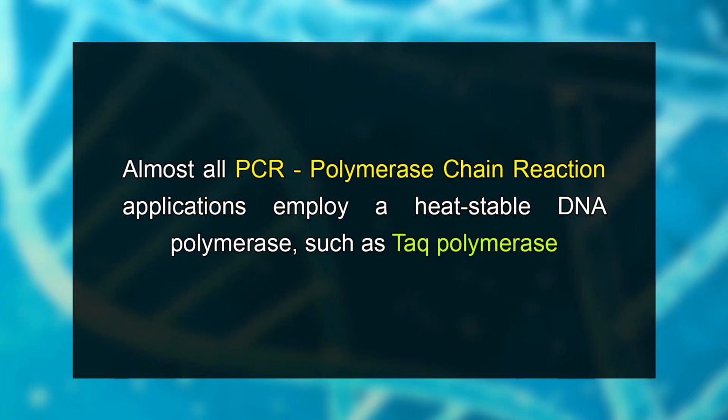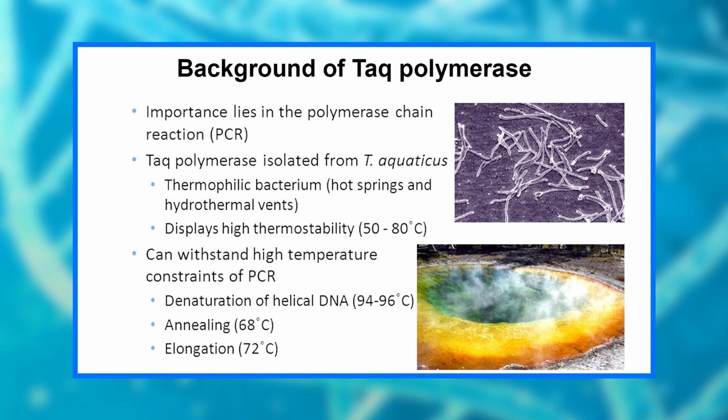Almost all PCR applications employ a heat-stable DNA polymerase, such as Taq polymerase, an enzyme originally isolated from the thermophilic bacterium Thermus aquaticus. If the polymerase used was heat susceptible, it would denature under the high temperatures of the denaturation step.